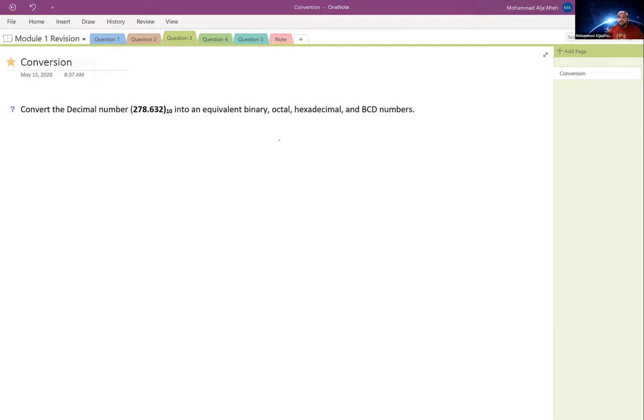So how can I do that? As I told you, we have the integer part, 278. What I have to do is keep dividing it by 2 and write the generated remainder. 278 divided by 2, the answer is 139.